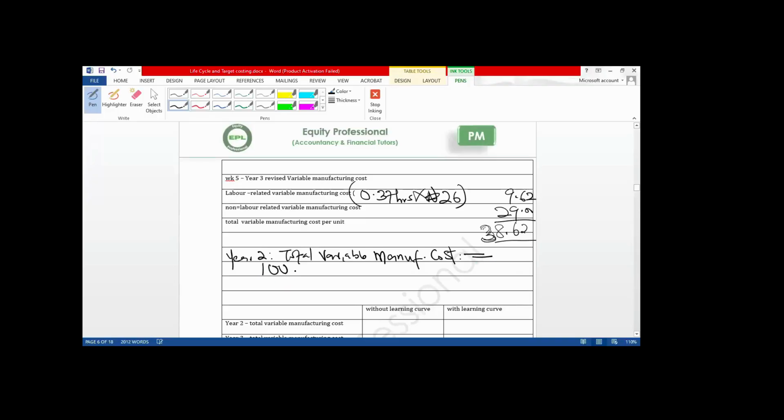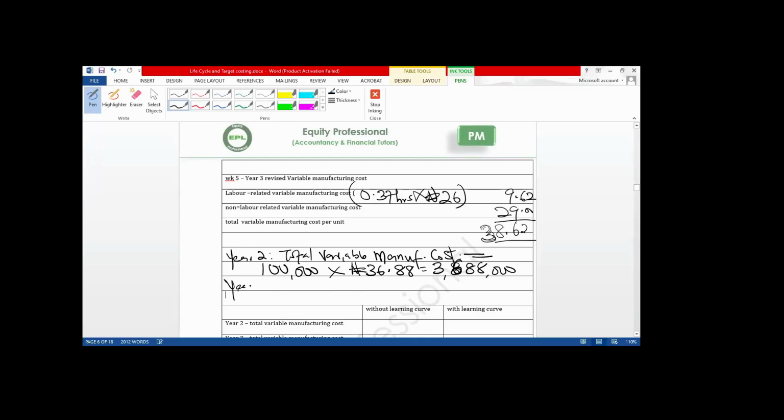We are going to manufacture 100,000 units, and the variable manufacturing cost is now 36 naira 88 kobo. Please get the total. 3,688,000.